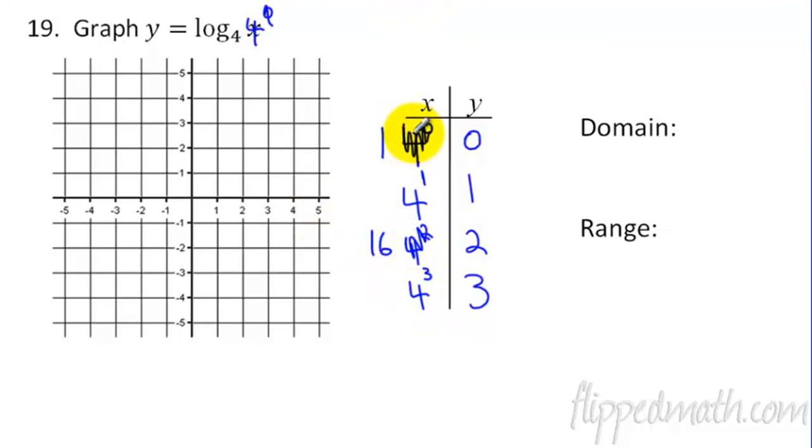But the idea was you just use the base. So our first coordinate point, 1, 0. We go 1, 0, put a dot. The next point, 4, 1. 4, 1, put a dot. The next number, 16, 2. So we'd have to go way off this chart over here and then go up 2. What if I went this direction? Well, I could.